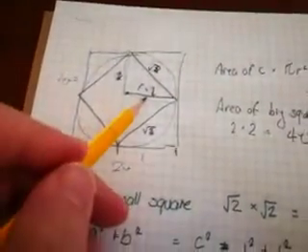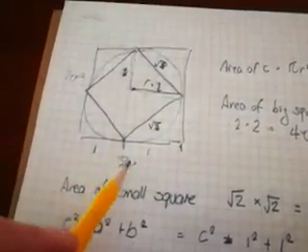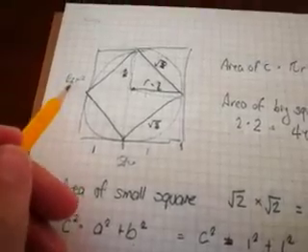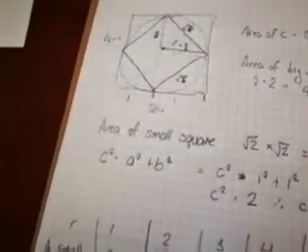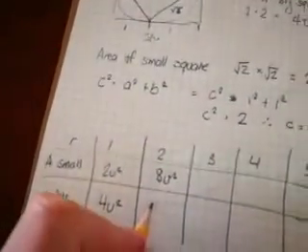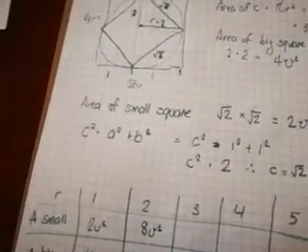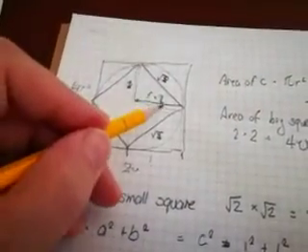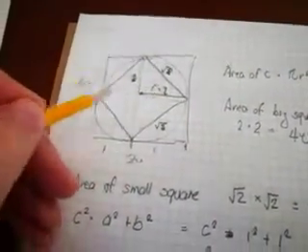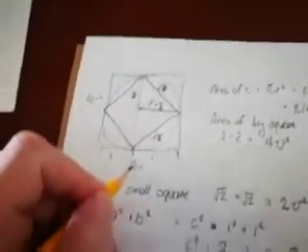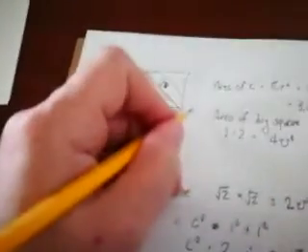Now if the radius is 2, this is 2, so that would be 4, and that's 4. 4 times 4 is 16. So we put that down here, 16 units squared. If this is 3, so it's 3 and 3, that would be 6, and that's 6.